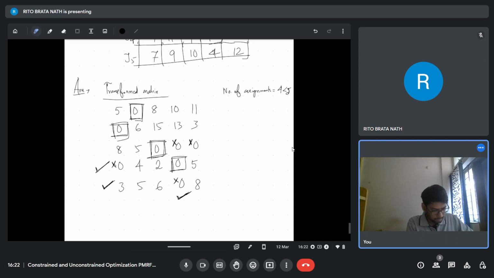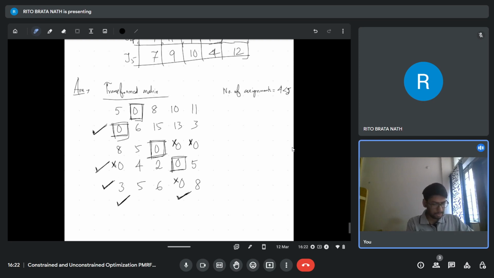And once you do that, what happens is that the next one is not a ticked row. Yeah, so again corresponding to this, zero occurring is here, so you'll tick this column, and due to this column again there is no zeros here, so this is a ticked row.